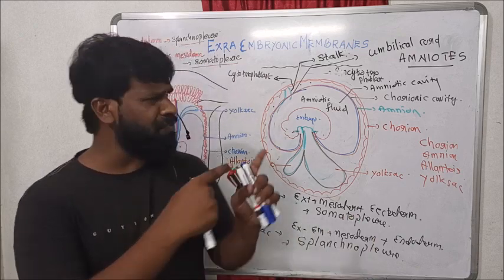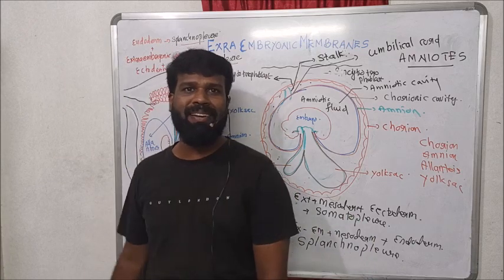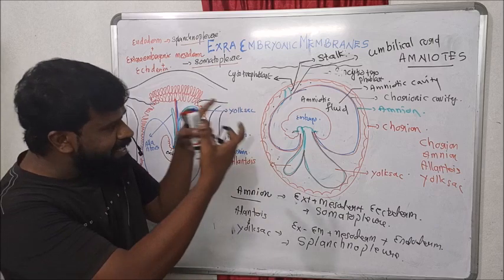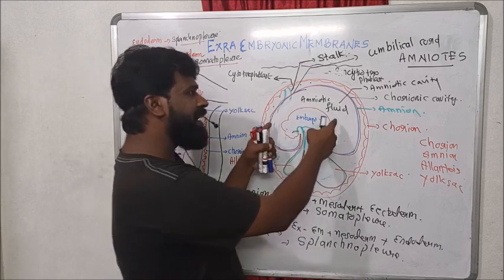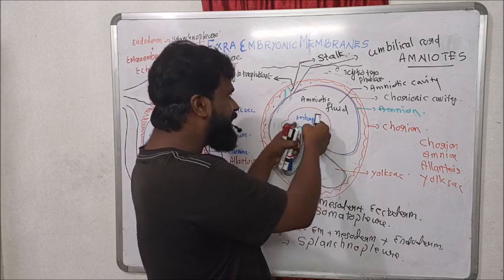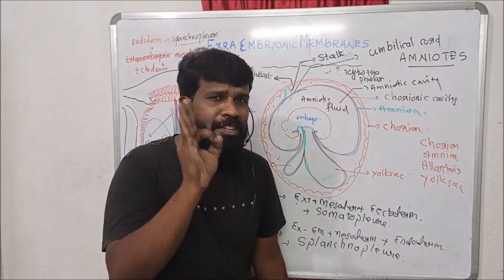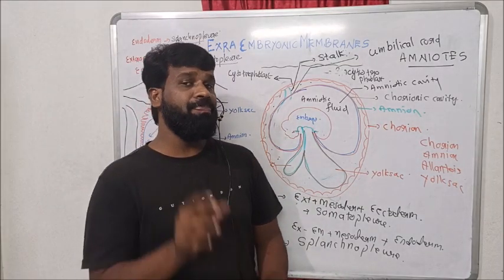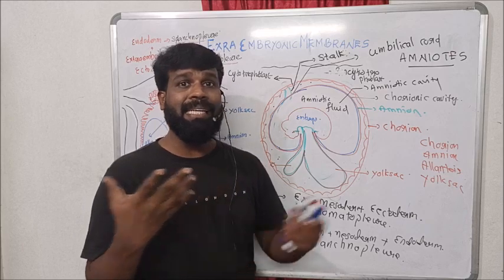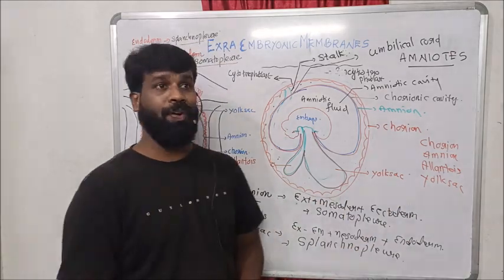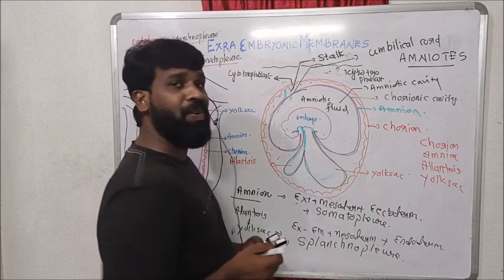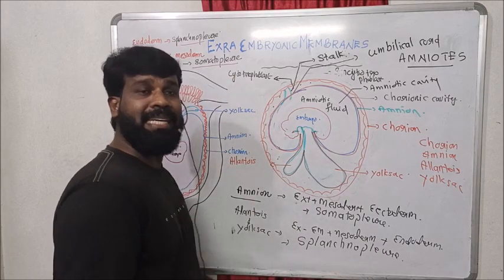What is the role of this fluid-filled extraembryonic membrane? See here, this fetus is bathed in the amniotic fluid. The main function of this amniotic fluid is to prevent the desiccation of the embryo.